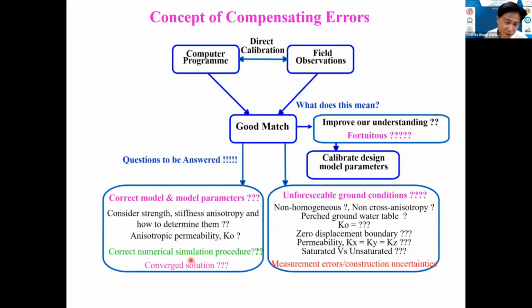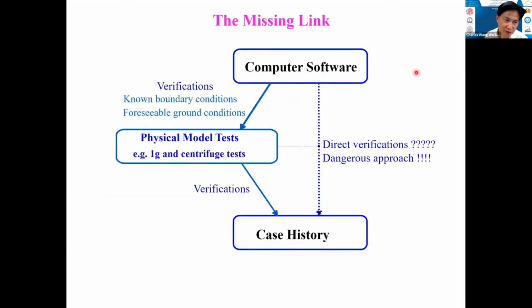Now, I'm not saying numerical modeling is not good. I'm just saying we must be very careful. Then how can we do better? My suggestion is that before we calibrate case history, we calibrate physical model tests. Although 1G model tests cannot represent full scale stress, a 1G test is still very useful because under low stress, soil can dilate.